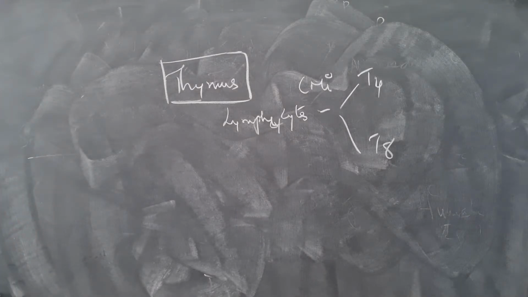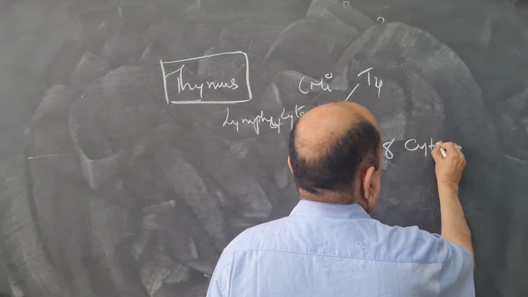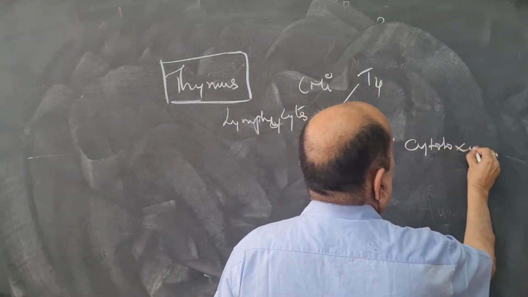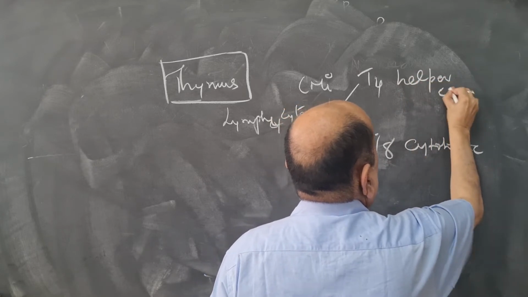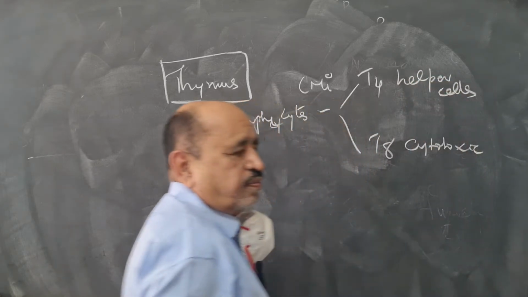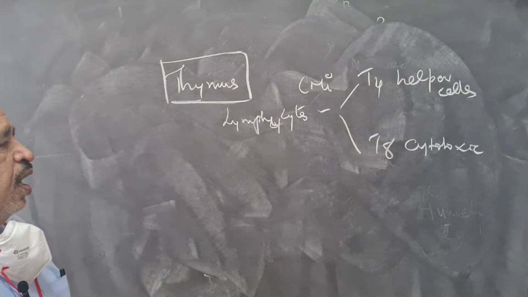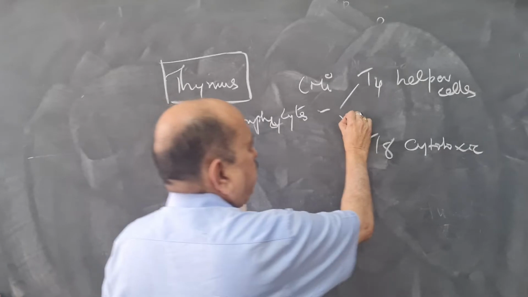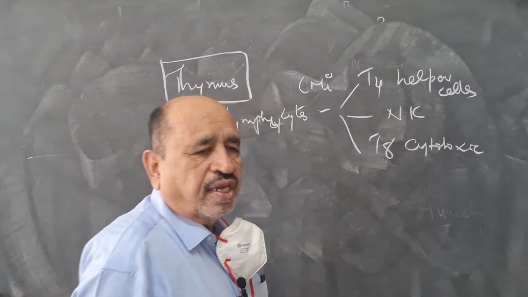T8 cells are cytotoxic lymphocytes, and T4 cells are called helper cells. And there is one more set of lymphocytes called natural killer cells.